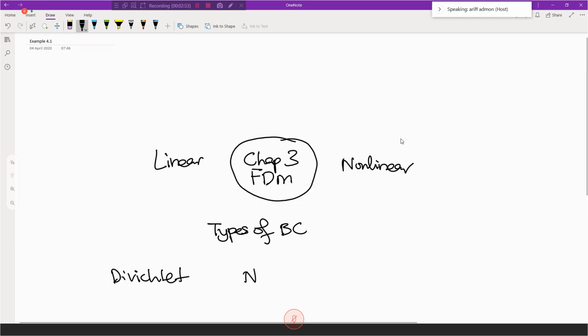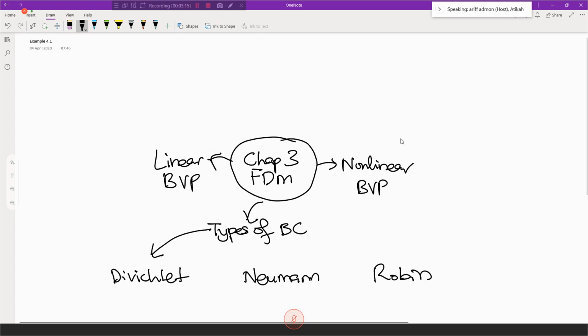We also have Neumann, and the last one should be Robin. So these are the types of linear BVP and nonlinear BVP. The types of boundary condition for both cases should be Dirichlet, Neumann, and also Robin.